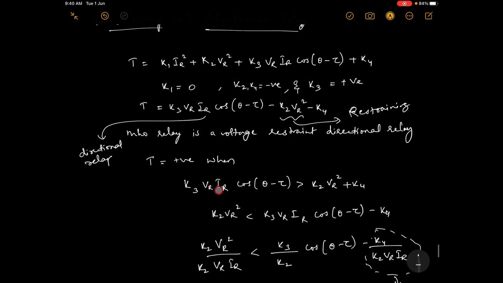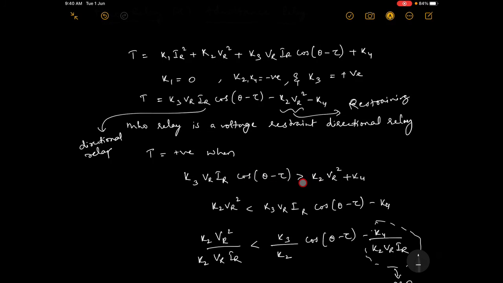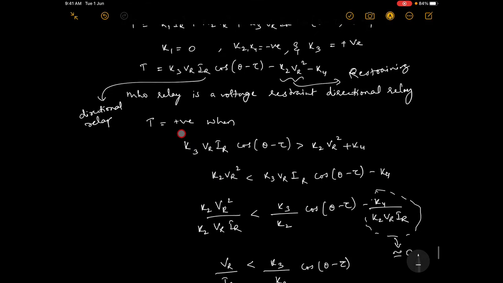The torque will be positive when the positive term is greater than the negative term. If I move this to the other side, I get minus K4. The positive and negative terms combined should be less than your restraining force, then only your T will be positive.